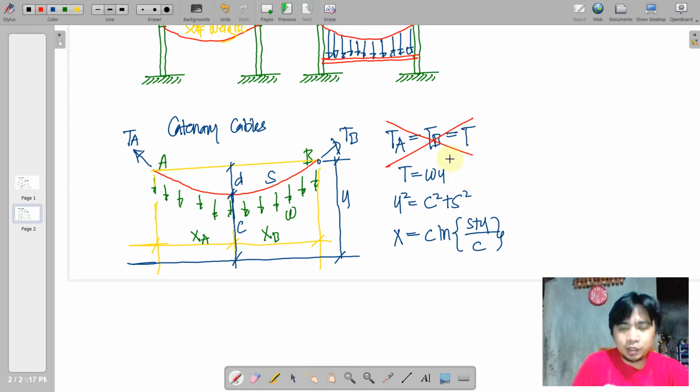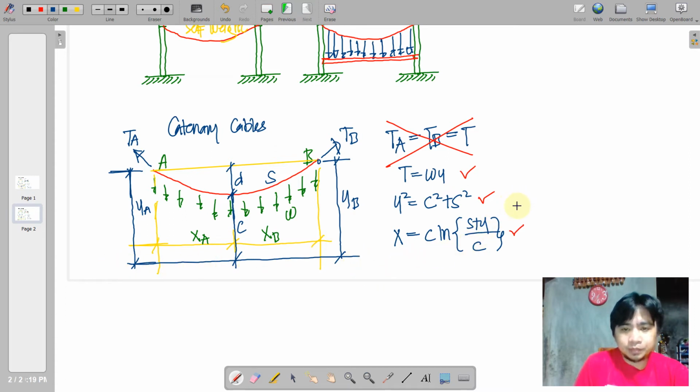So we omit that expression, and the other equations still apply. We slice this portion, considering the left and the right portion for our tension at A and tension at B. The same equation will be formed, but we place our vertical distances at A and B relative to this common reference line.